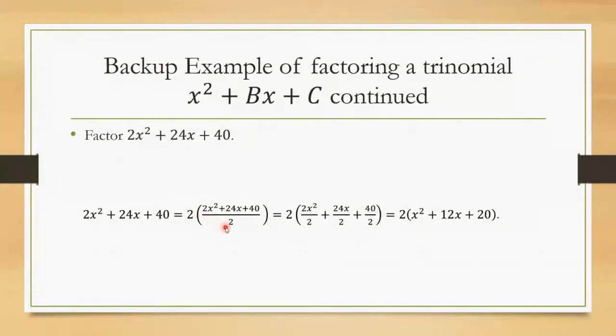So we're going to divide by 2 as well, and that's the same as dividing into each term, as you can see. Here in the first quotient, the 2's cancel. That's how we get x squared. Here, 24x over 2 gives us 12x. 40 over 2 is 20. So I did post these as well. So that's what we get here.